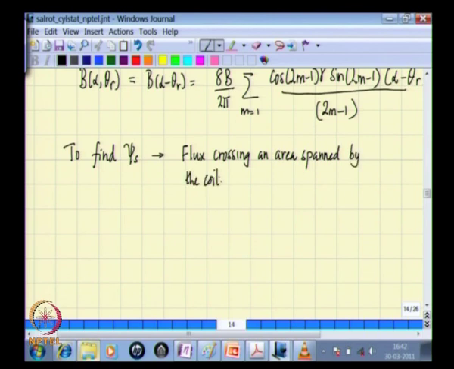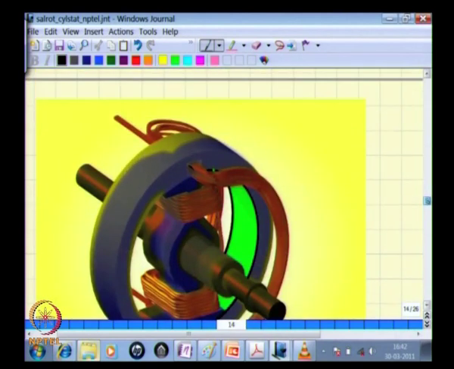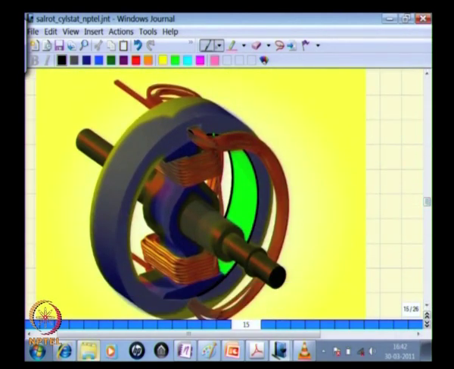Spanned by the coil, and what we see here is that this area around the inner circumference, what is shown here in green, this area is the area through which flux is going to pass from the rotor to the stator. You can see here, from the rotor to stator this flux is going to pass, that has to cut across this area.